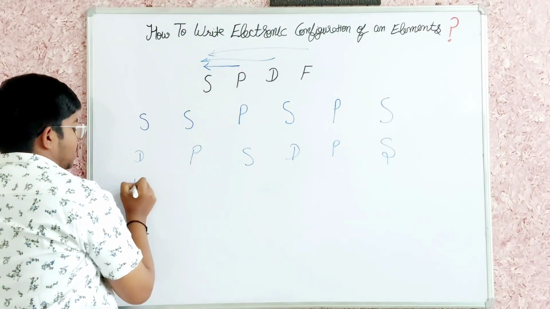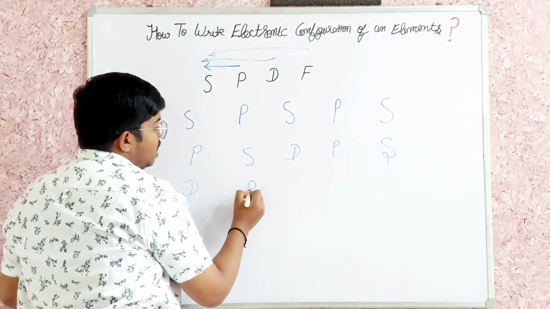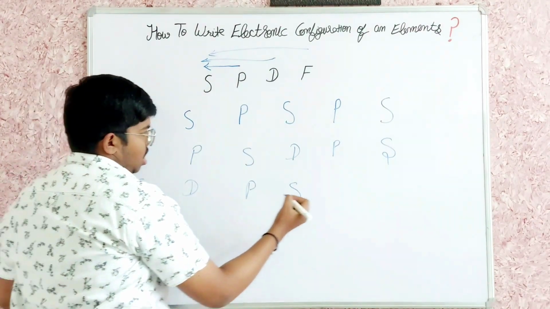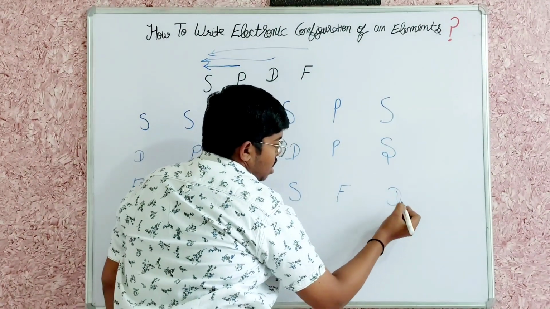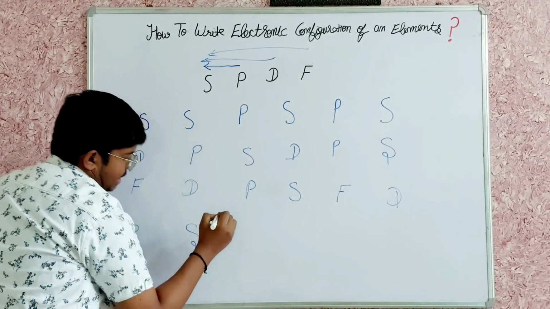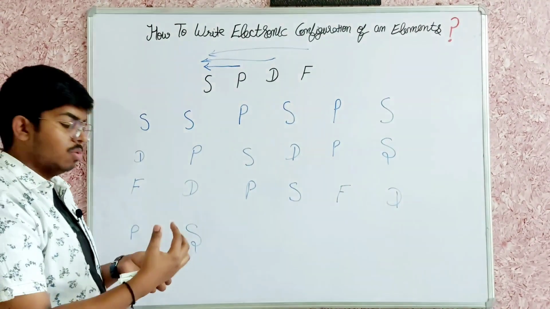Write it twice. FDPS, and again you will write it, FDPS. Clear? You have to write it twice.